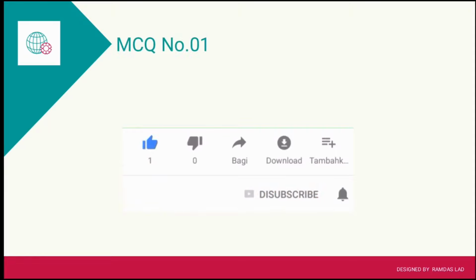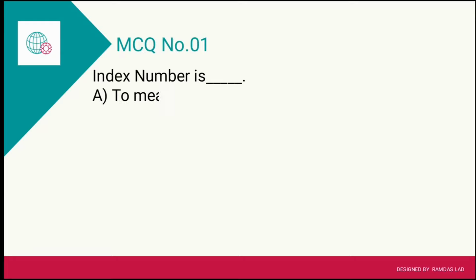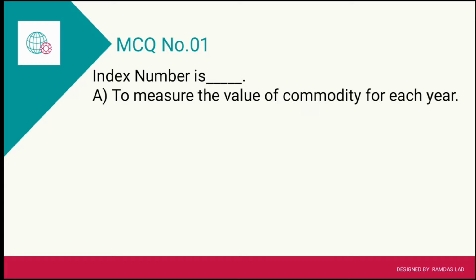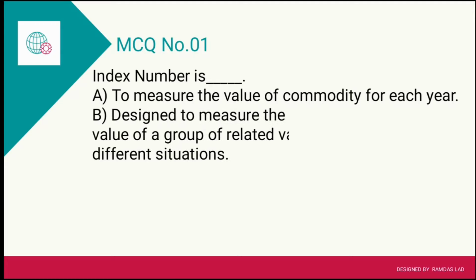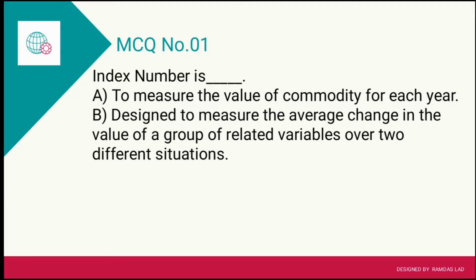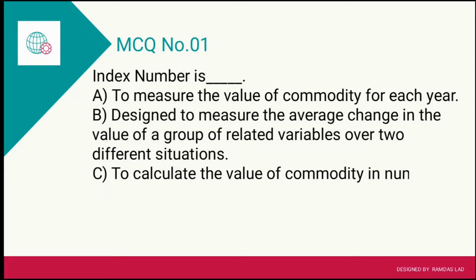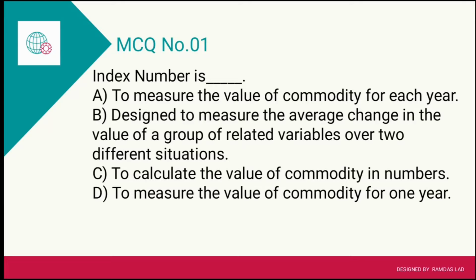So question number 1. Index number is, so here the definition of index number is given: to measure the value of commodity for each year; designed to measure the average change in the value of group of related variables over two different situations; option C, to calculate the value of commodity in numbers; and option D, to measure the value of commodity for 1 year.